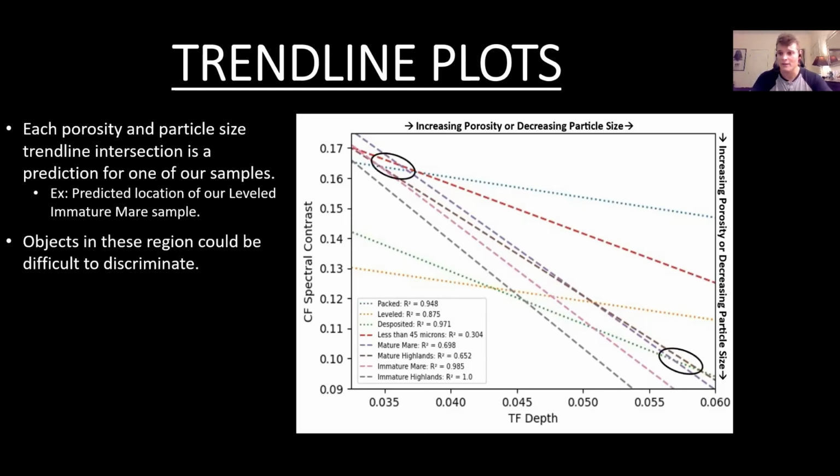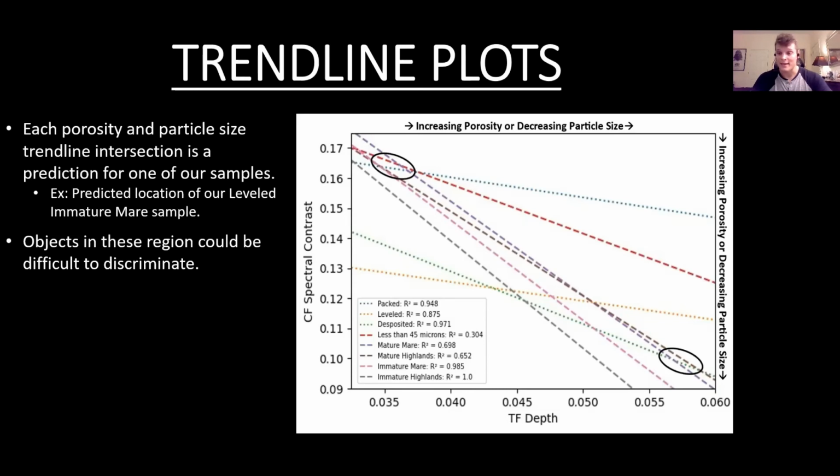We can also determine from these trendline plots that some regions are more difficult to discern than others. For example, the regions in these 2 areas would be particularly difficult to determine if you had, say, in this case, the ratio between a transparency feature depth and Christensen feature spectral contrast. If it landed in one of those regions, it would be kind of hard to discern.